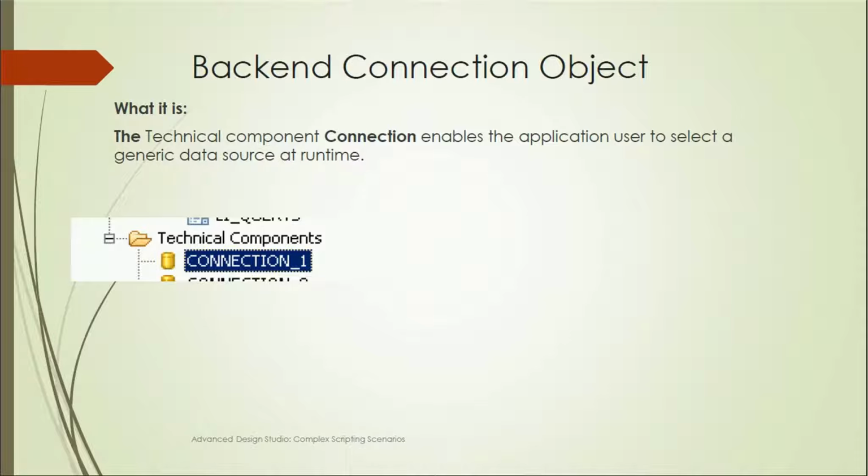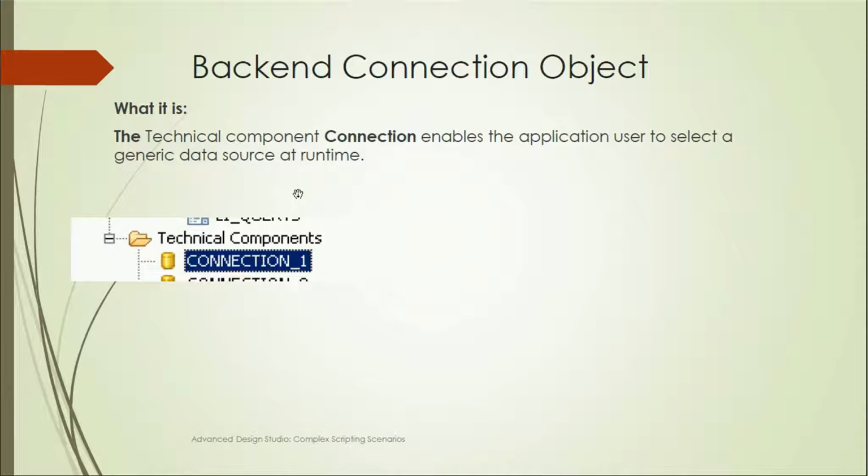This is one of the connection components in Design Studio technical components which we can add. This connection component enables the application users to select a generic data source at runtime. Whenever the user runs an application, he or she will have the option to select the data source, instead of setting a data source at design time, where we select the data source, add some columns into it, and then display it in either a Crosstab or on charts.